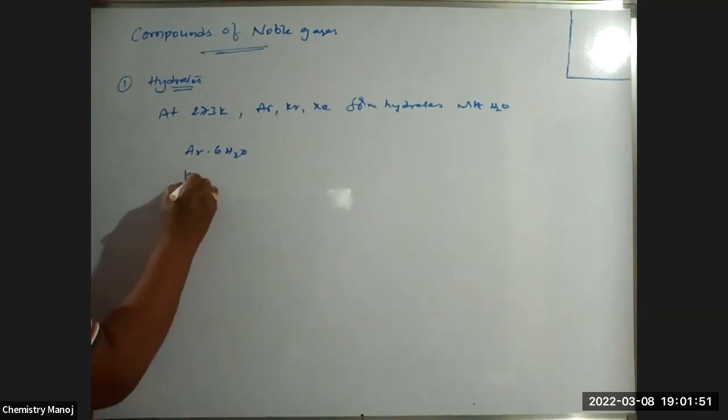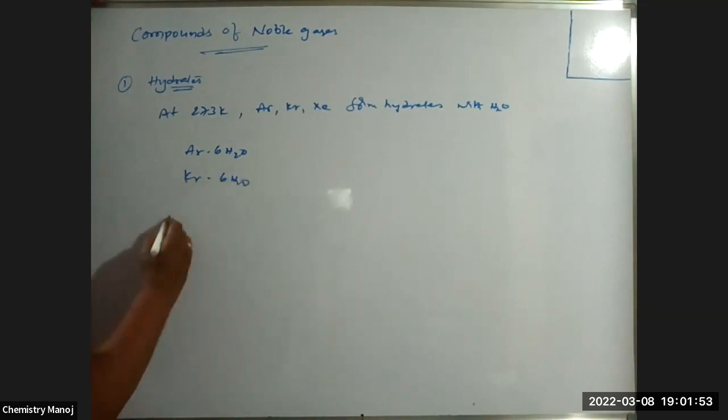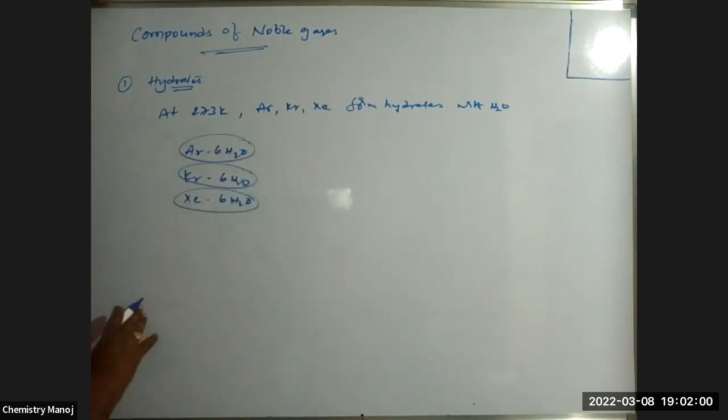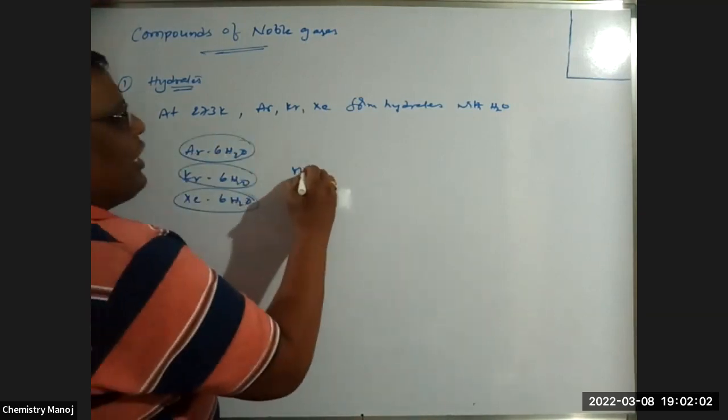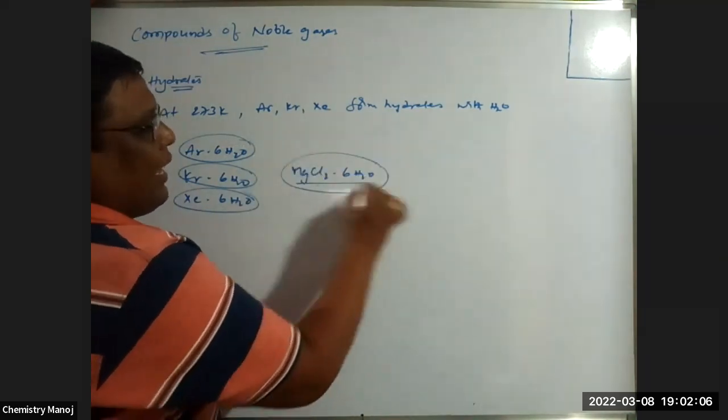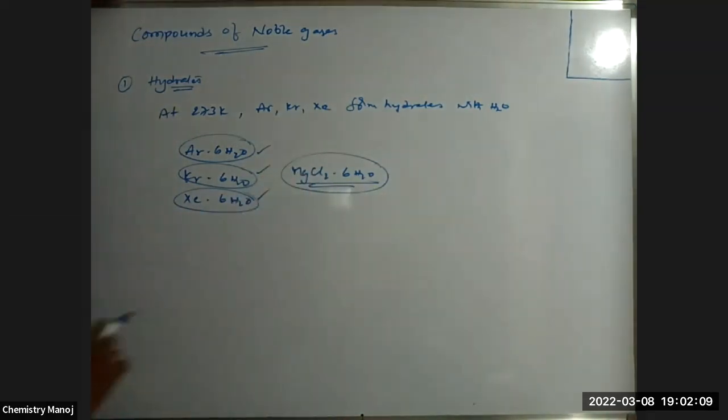These are hydrated compounds, just like MgCl2·6H2O, hydrated magnesium chloride. So the first type is the hydrated compounds formed by these gases.